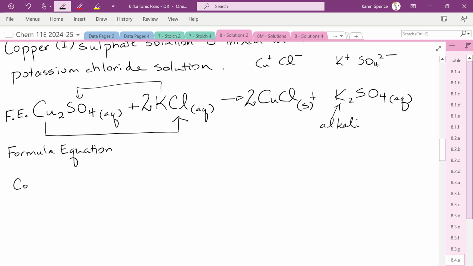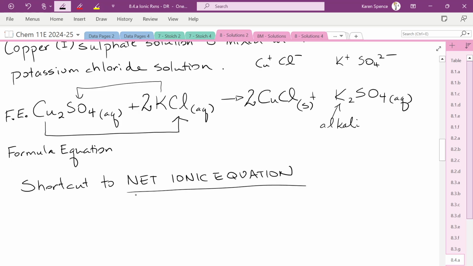Now we're going to write the complete. Actually, I'm going to show you guys the shortcut first. So if you're at all interested in the shortcut to the net ionic equation, anyone remember the shortcut to the net ionic equation?